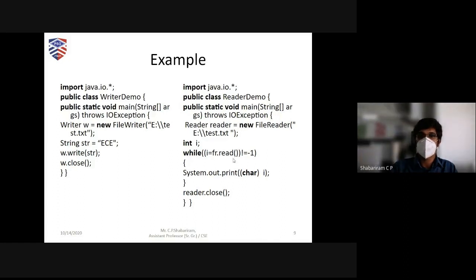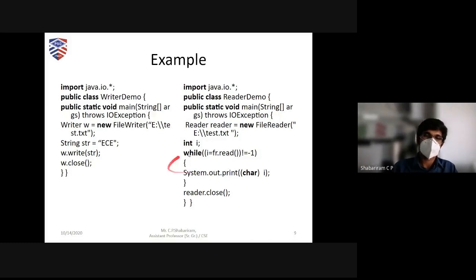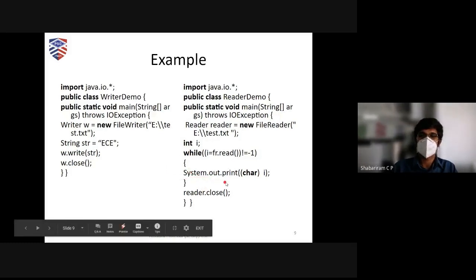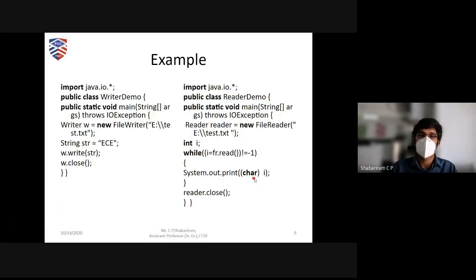So until the empty line or empty stream in your input stream, it will read the characters. Within that, I'm going to convert the values into the type of character, because if you are taking any streams, finally at the end it will be a numerical value.